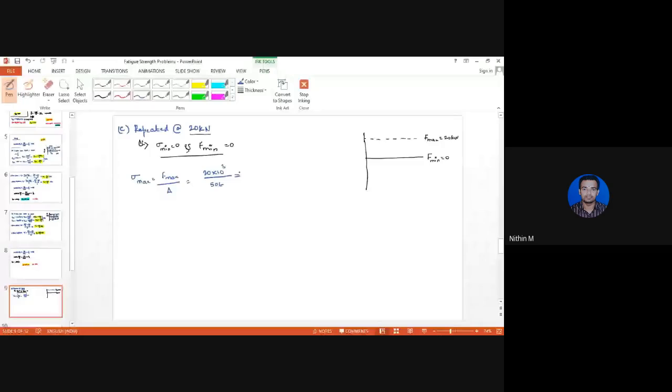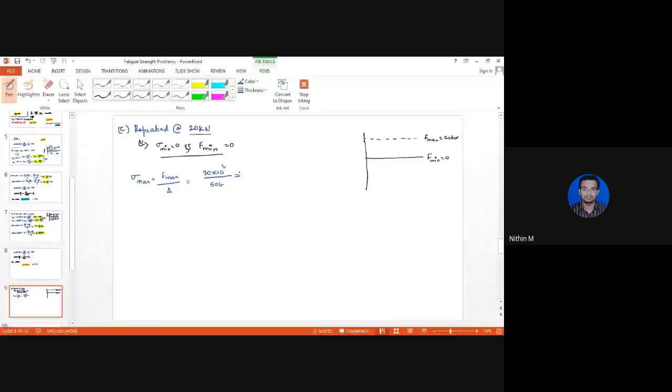So here this is 20 into 10 raised to 3 divided by 50t, which implies that sigma max is 400 by t MPa.